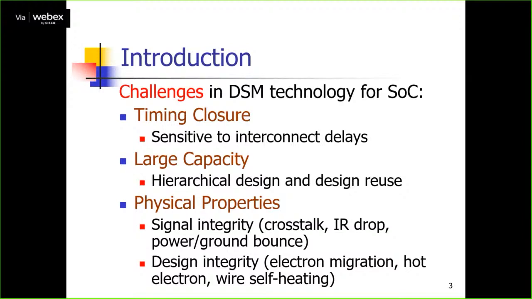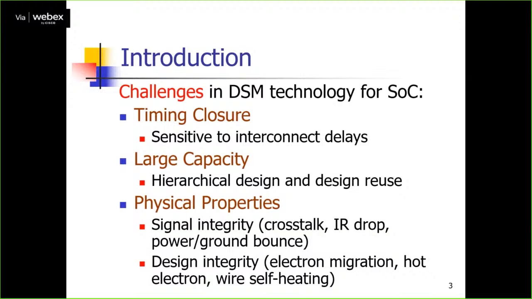So while making an interconnect between these process elements, we have so many factors that come into presence. Some of the factors which influence our physical parameters and reduce functionality are electron migration, hot electrons, self-heating, etc.